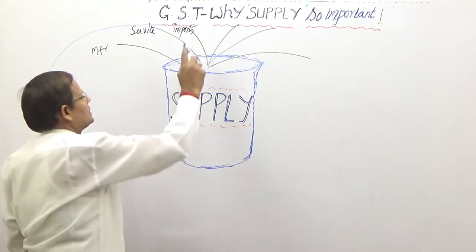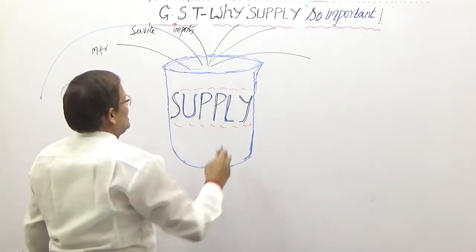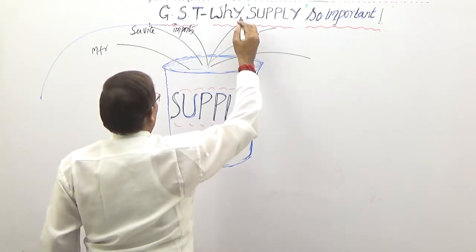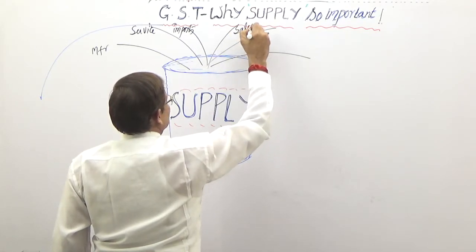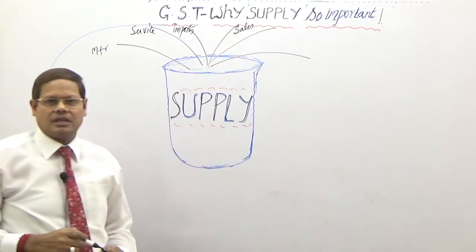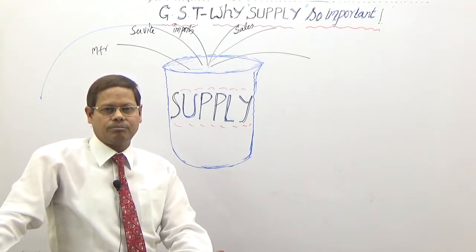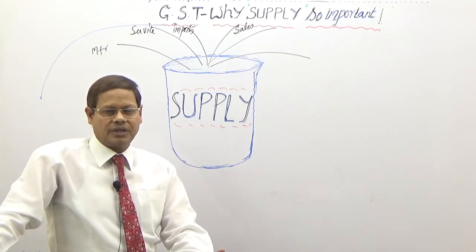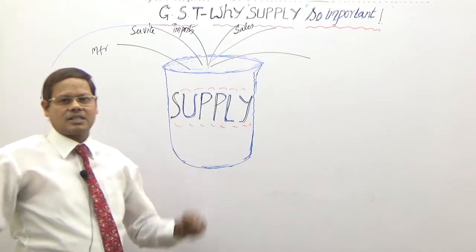So import is a taxable event, and similarly at the state level, there are local sales or interstate sales. In case of intrastate sale, VAT is imposed, whereas for interstate sale, CST is imposed. So sale is a taxable event.